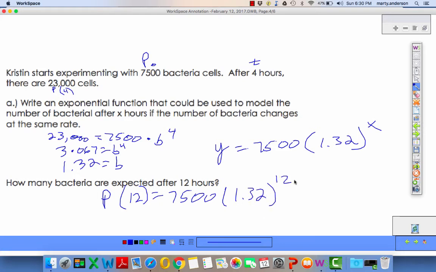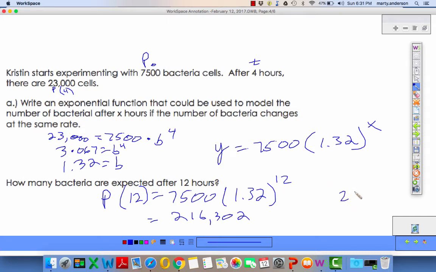If I just use the number that was in my calculator, I get, without rounding, 216,302.22. If I just use the 1.32, I'm going to get a slightly different answer.